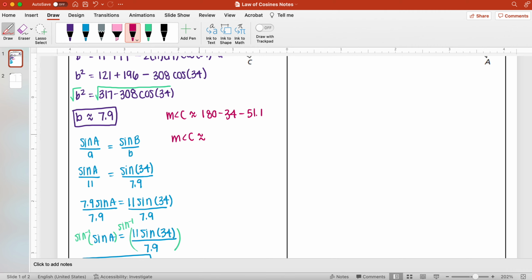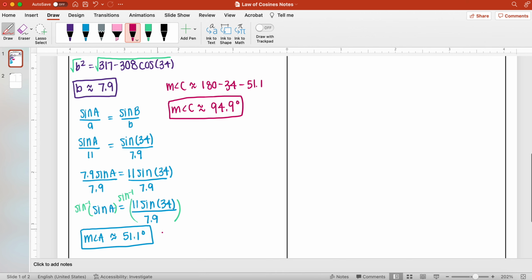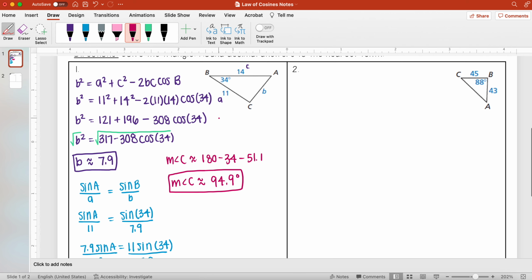So 180 minus 34, I get 146 minus 51.1, and you get 94.9 degrees. So I see the angle C ended up being an obtuse angle, so that's why it was really important that we found angle A first. Otherwise, this would not have given us that correct answer.